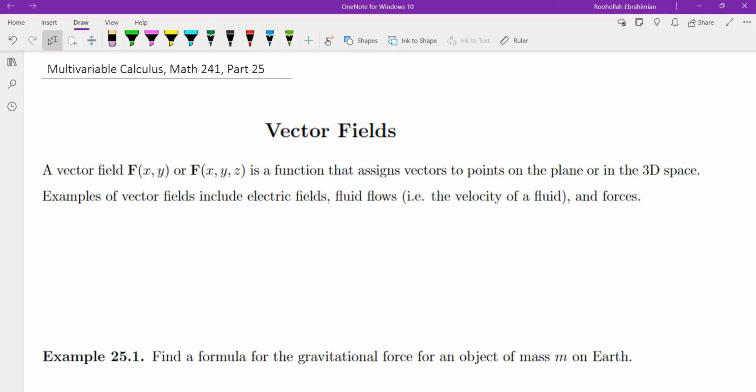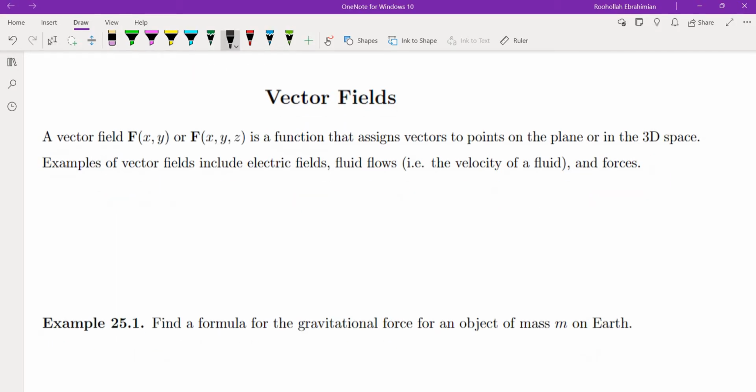What is a vector field? A vector field is a function that assigns vectors to points on the plane or in the three-dimensional space. Some examples of vector fields that appear in physics and engineering are electric fields, fluid flows, which means basically the velocity of a fluid, and any type of force.